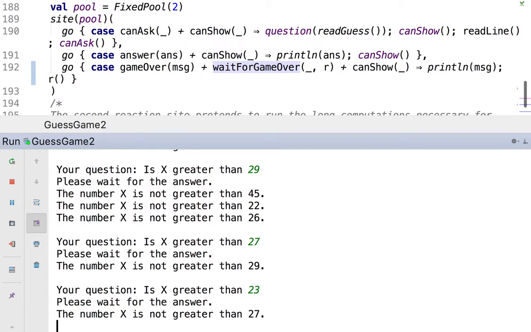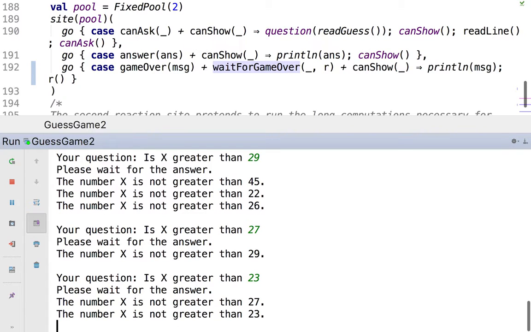I'm not greater than 27. I'm not greater than 26. Or maybe I'm below 25. I'm actually below 22. Okay, I'm misguided.